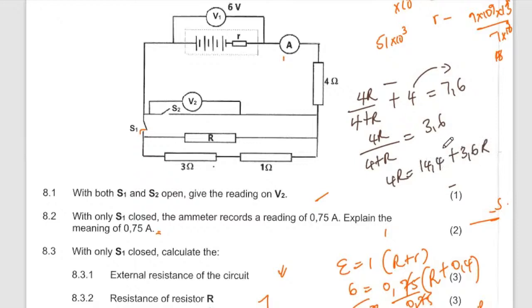Then I move the 3.6R to that side, and I'm going to end up with 0.4R equal to 14.4. Divide by 0.4 on both sides. So my R is going to be 36 ohms. So this R is 36.